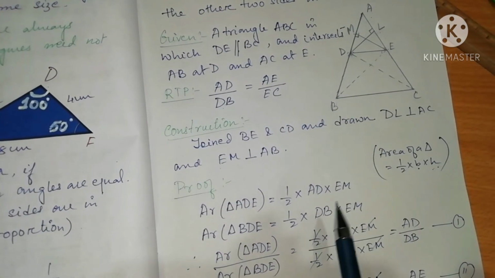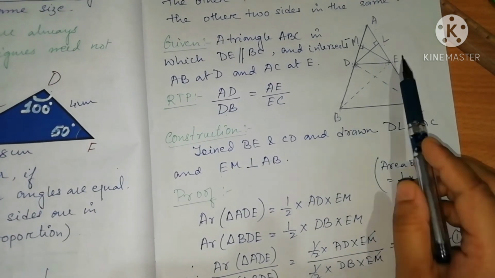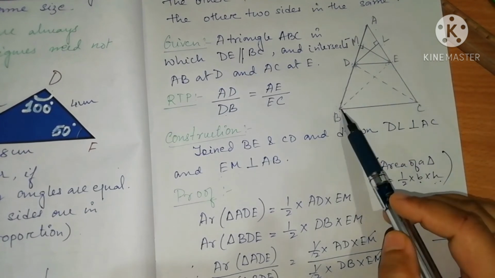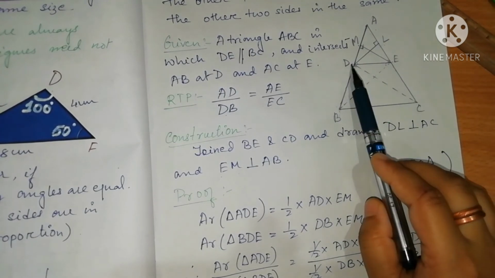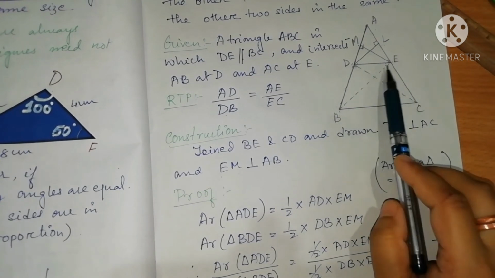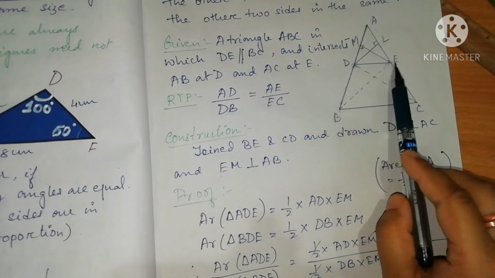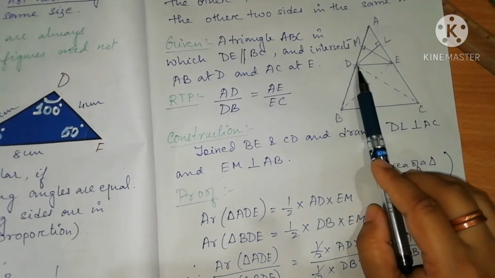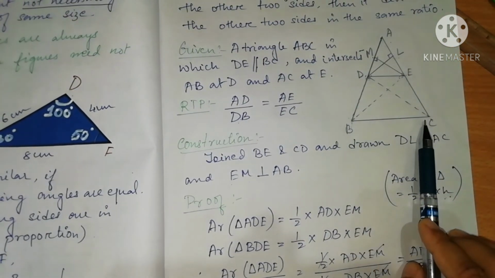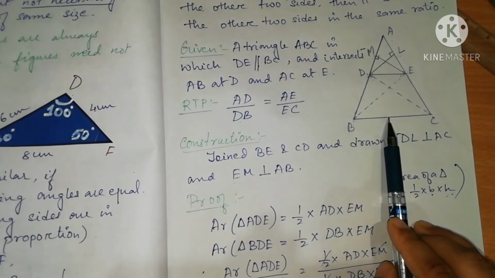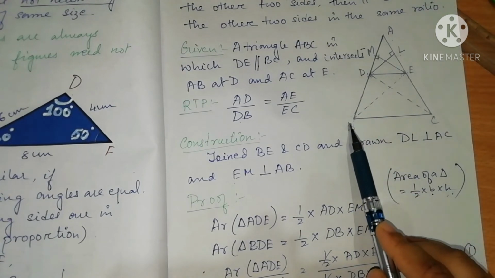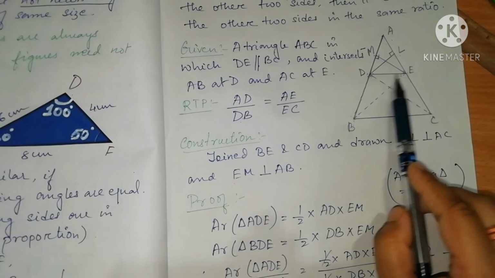Now, triangle BDE and triangle EDC are on the same base DE and between the same parallels DE and BC. Such theorems you got in class 9. So these two areas will be equal.